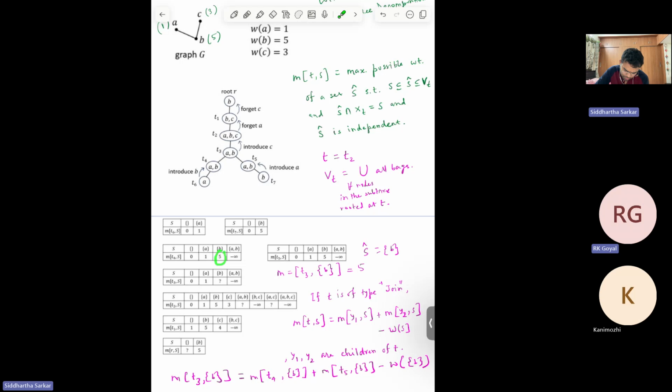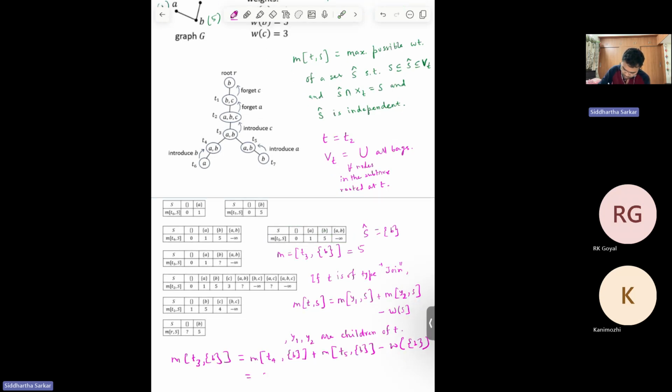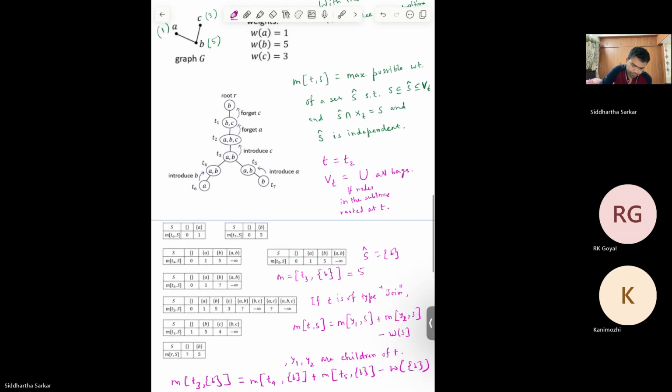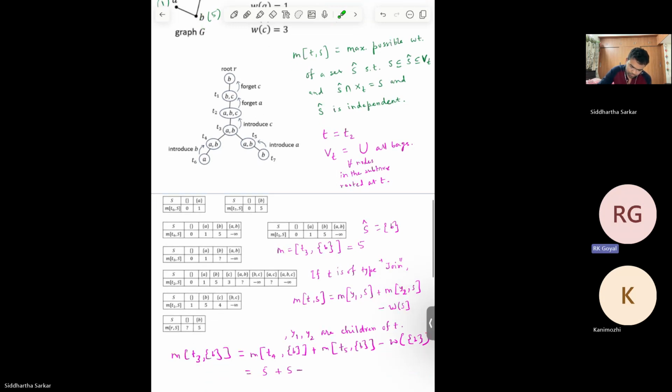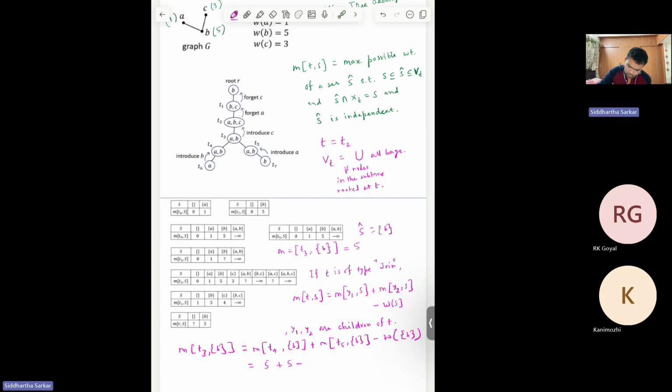Yes, it's 5. Similarly, here is M of T5 comma B. So 5 plus 5 minus weight of B, which is 5. Yes, so we can see that we got the same answer.